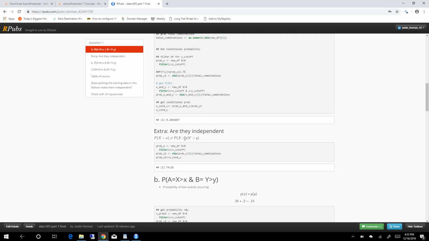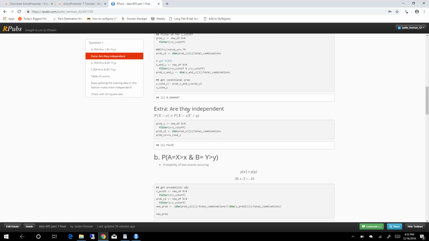I took an extra step, and we actually had to do this later on anyway, but then asked the question of, are they independent? For them to be independent, the probability of x given x would have to equal the probability of x given the probability of y given y.